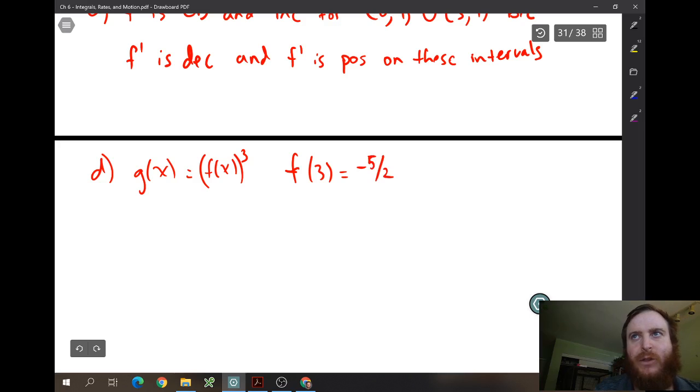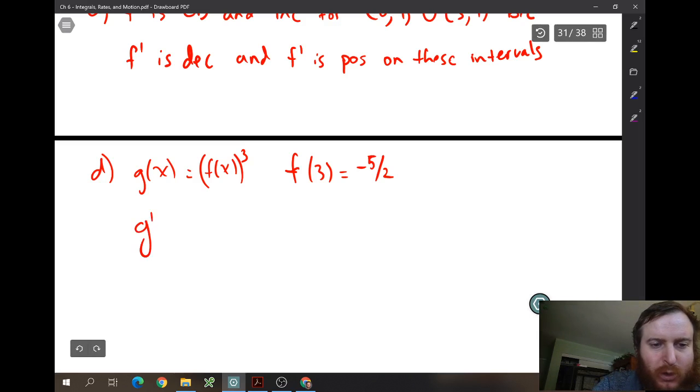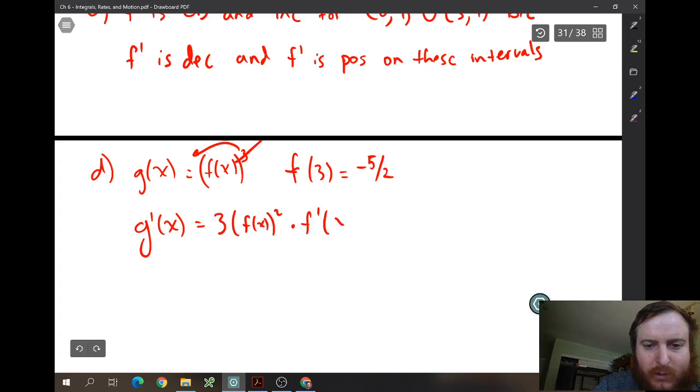They wanted us to find the slope of the line tangent to the graph of g at x equals 3. So to find the slope, we're going to do g prime of x. This is chain rule, that's our outside: 3 times f of x squared, times f prime of x.